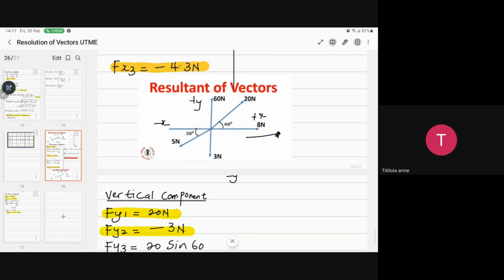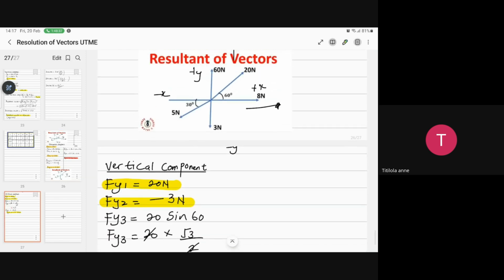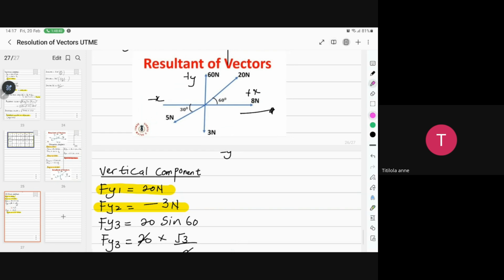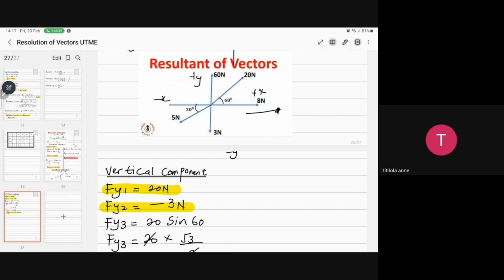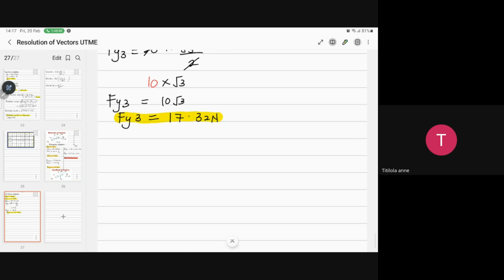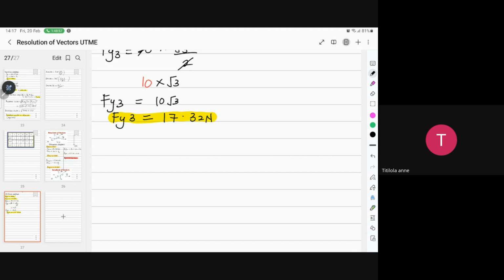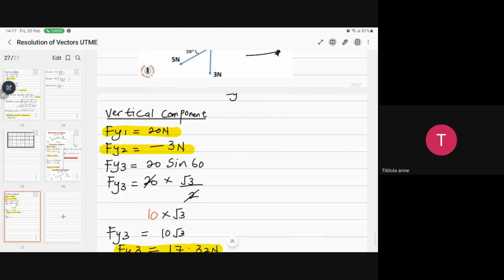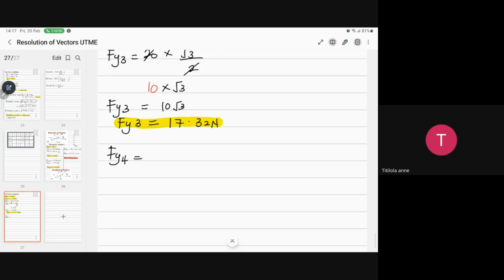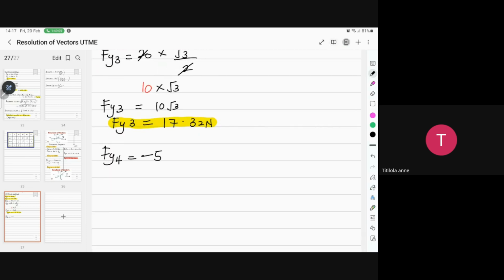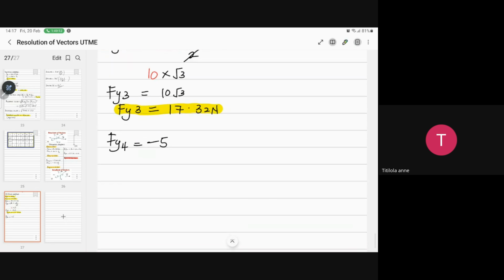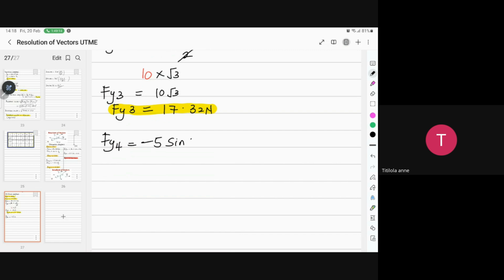So the next one I want to resolve is the 5 Newton, which happens to be in the negative direction, and the angle is actually with the horizontal. So Fy4 is equal to negative 5, and the resultant vector there is going to be sine 30.